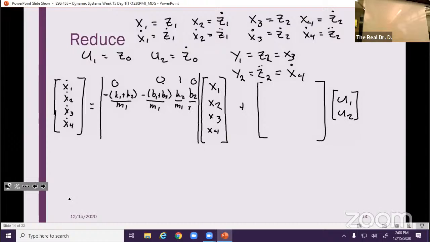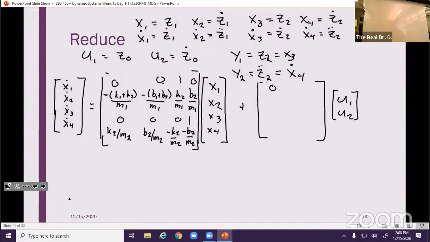And b2 over m1. x dot 3 is 0, 0, 0, 1. And x dot 4 is k2 over m2, b2 over m2, negative k2 over m2, and negative b2 over m2. All right, that's my A matrix.